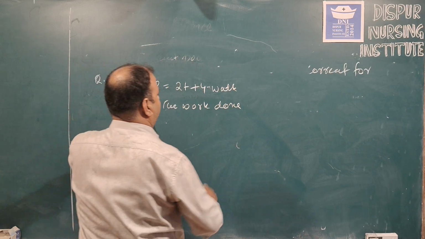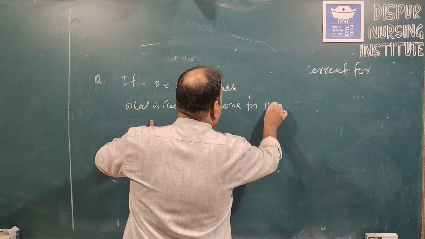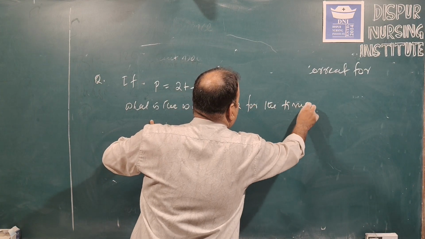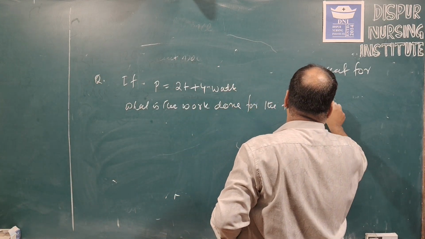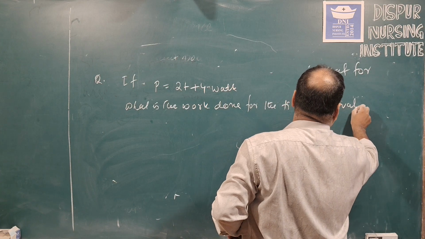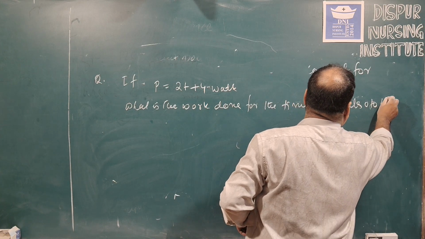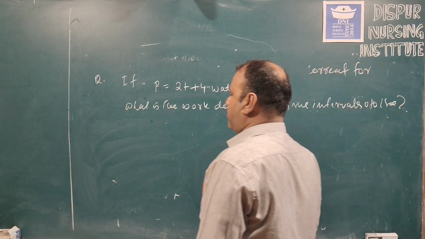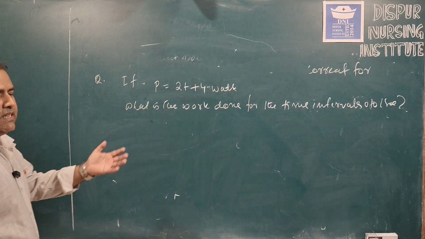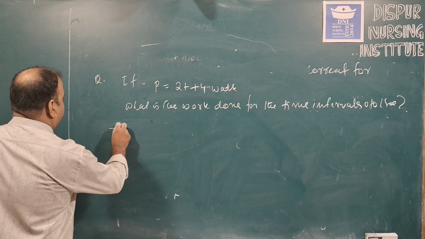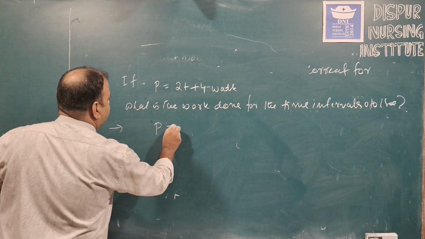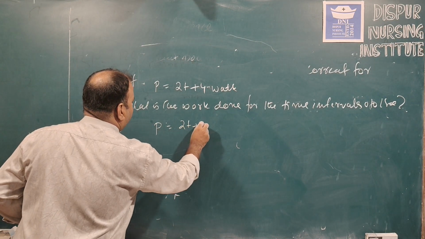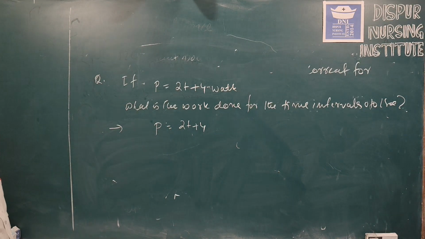What is the work done for the time interval 0 to 1 second? In this case you can see power is given as 2t plus 4. We have to calculate the value of work done.